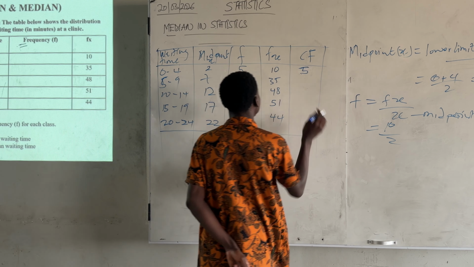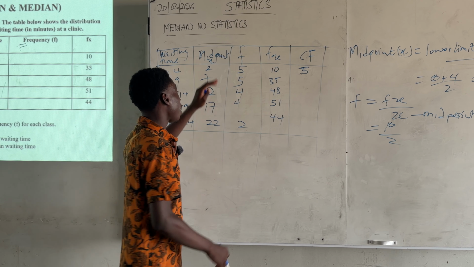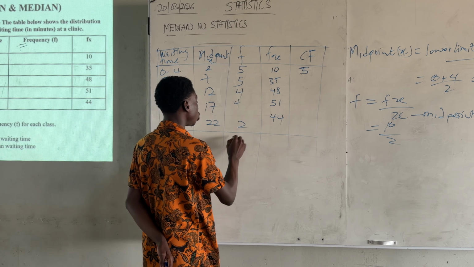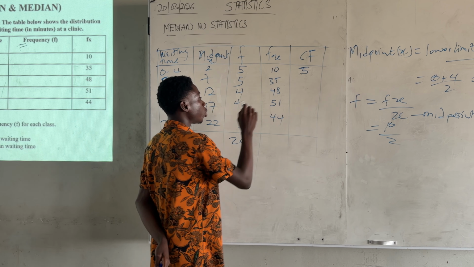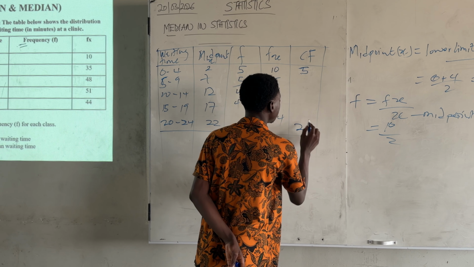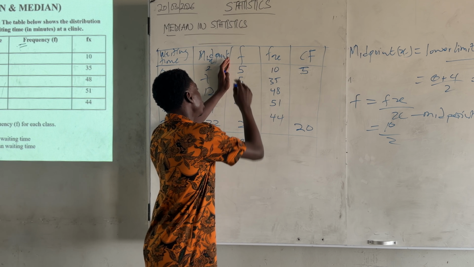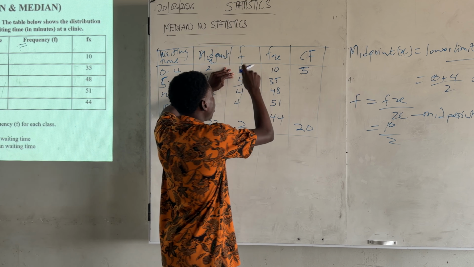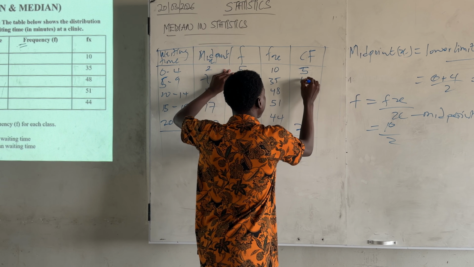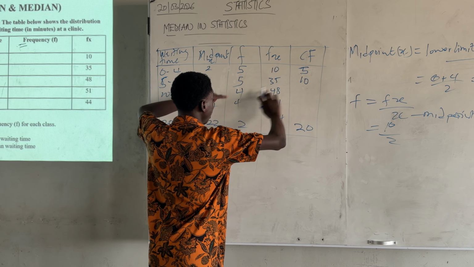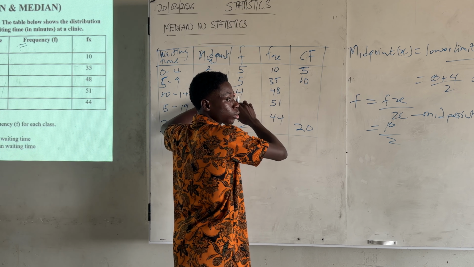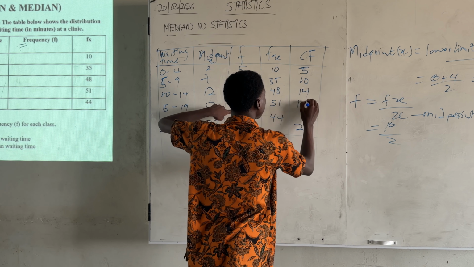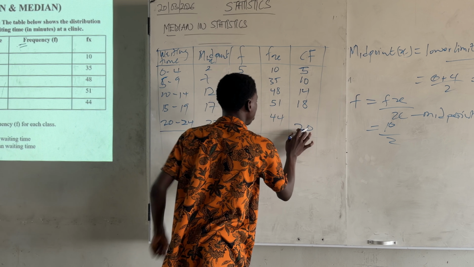The second principle is that the sum of the frequency, which is 20, is equal to the last cumulative frequency. So we add using the vertical or the diagonal: 5 plus 5 is 10, then 10 plus 4 is 14, 14 plus 4 is 18, and 18 plus 2 is 20.